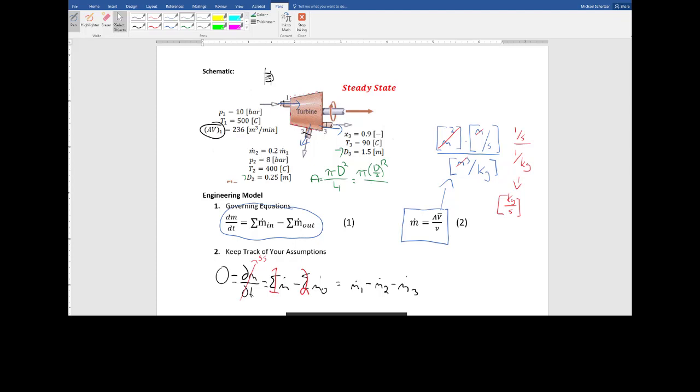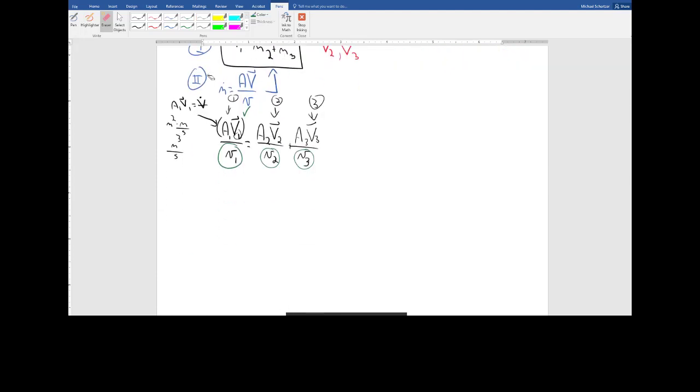Just pi r squared, right? So that's the same thing. So in my equation here, I have to work on this a little bit to say pi d squared over 4. This is d2 squared over 4, v2. Oops, that's not v2 squared.